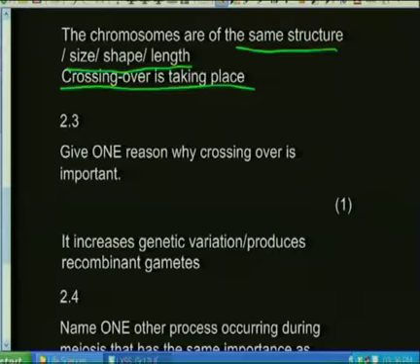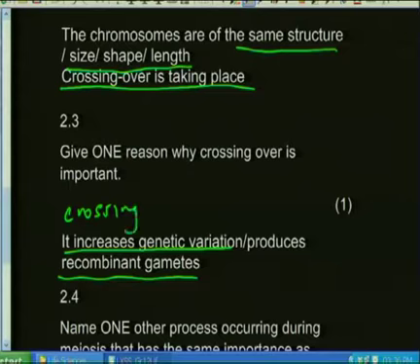The answer will always be that it allows for recombination, gametes, and this increases genetic variation. If you want to put it in its simplest form, we will say crossing over. Remember, you must try and express this in your own words without losing the essence of the answer.